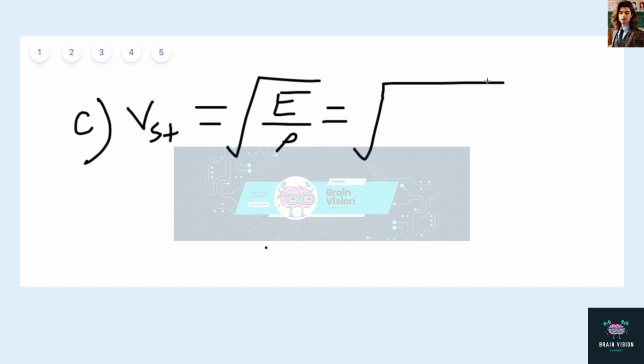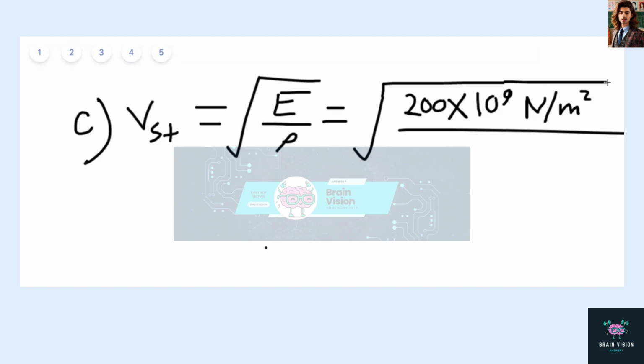From the tables, you get 200 times 10 to the 9 newtons per square meter divided by the density of steel, which is 7,800 kilograms per cubic meter.